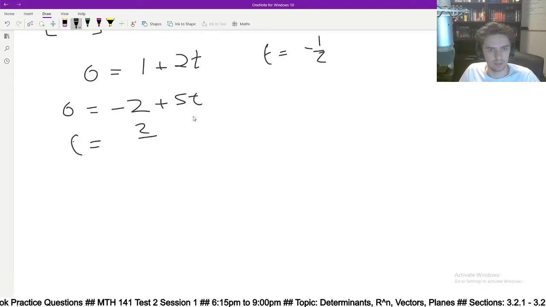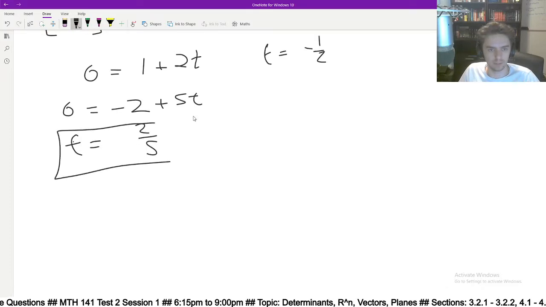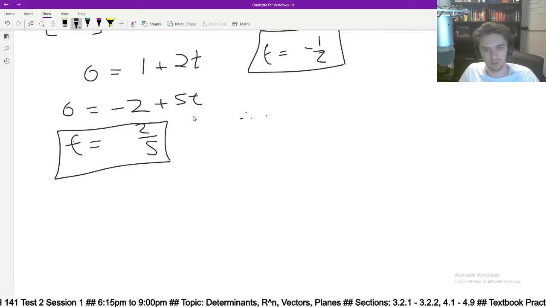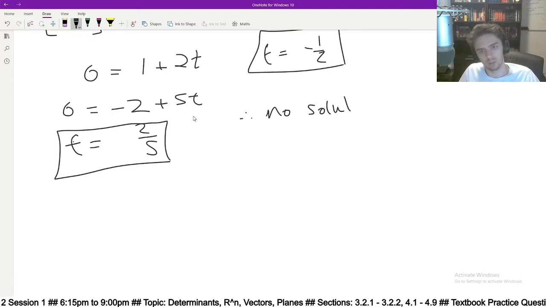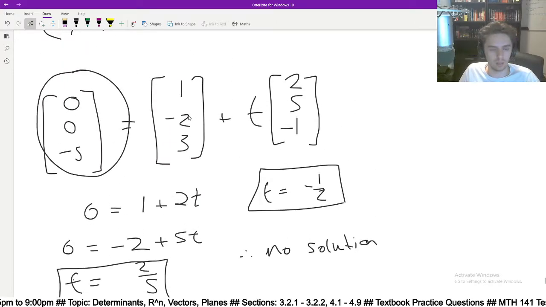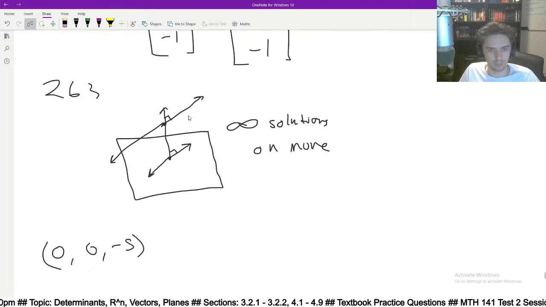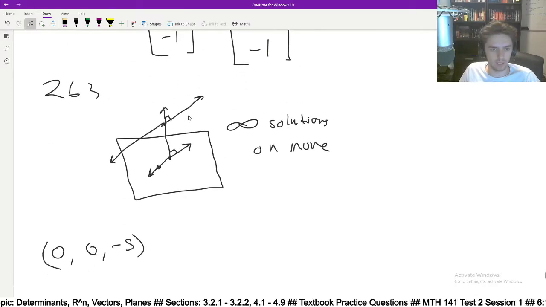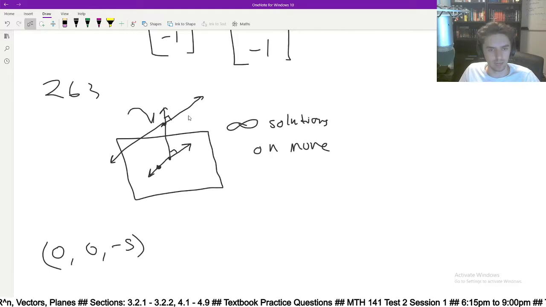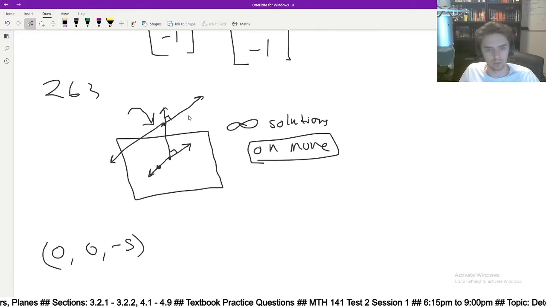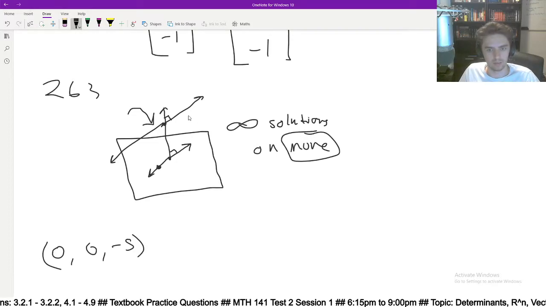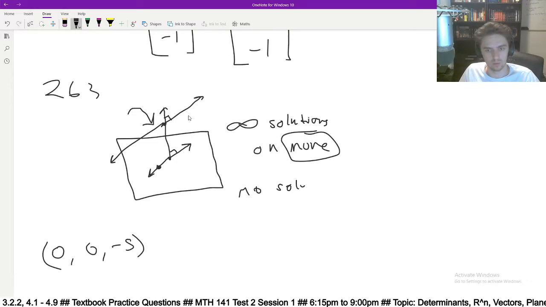And notice we have two conflicting values for t, therefore no solution. This point is not on the line. And since that point is not on the line, the line is not in the plane, which means it's somewhere outside the plane, which means none. Just none. No solutions.